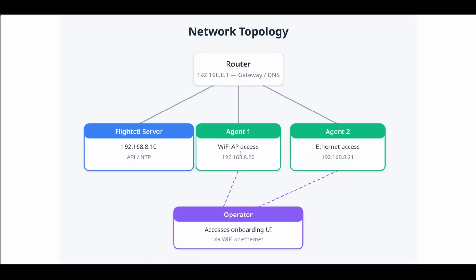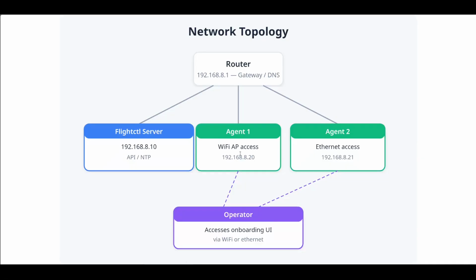Both of them will be connecting over Ethernet to the network itself. In the Wi-Fi agent's case, the operator is going to be connecting via Wi-Fi, and the Ethernet cable will always be plugged in, so all we have to do is configure the Ethernet and it'll work.